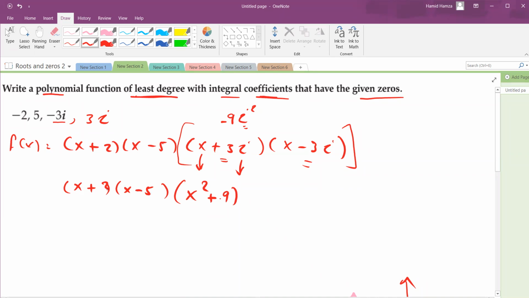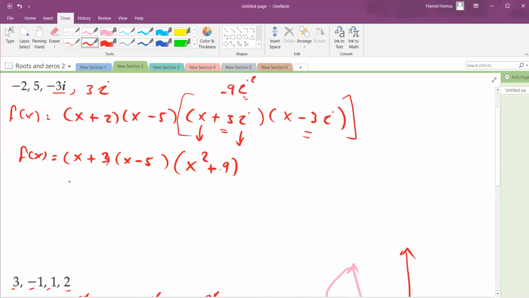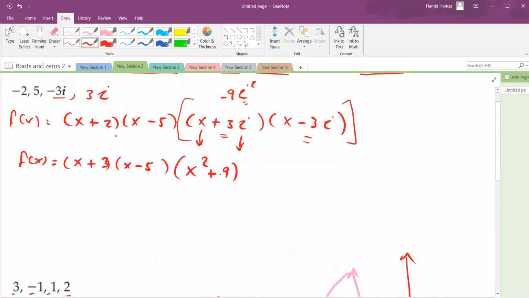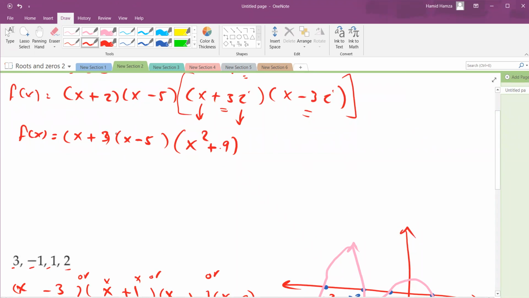Okay, guys. So this is f of x. Do you want to expand it or stop here? Okay, guys, to multiply, just pick any two of them. You can multiply the first and second brackets or multiply the second and third together. It's up to you. And you know how to expand this bracket.